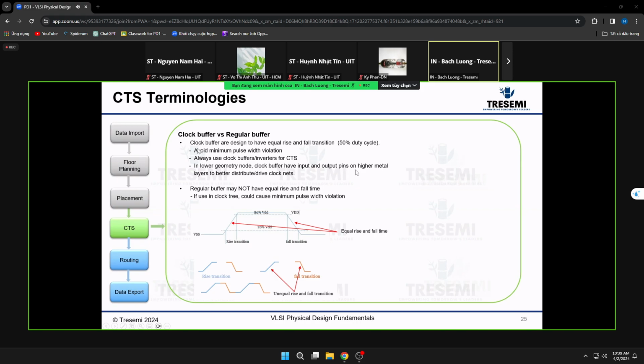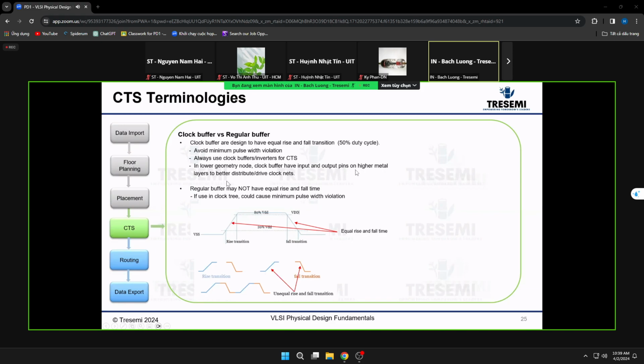So do you want to use clock buffers or inverters for CTS on the clock trees? Yes, because it will help you avoid minimum pulse width violations. You maintain equal rise and fall, therefore less distortion on the duty cycle.